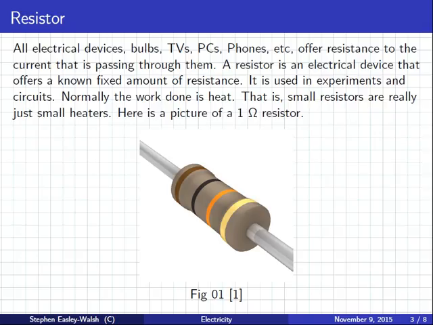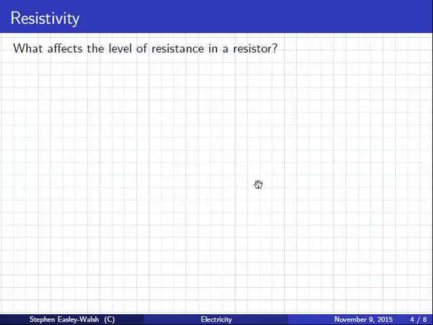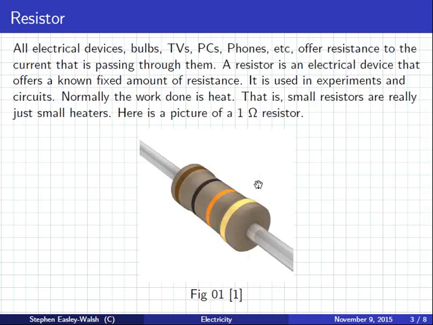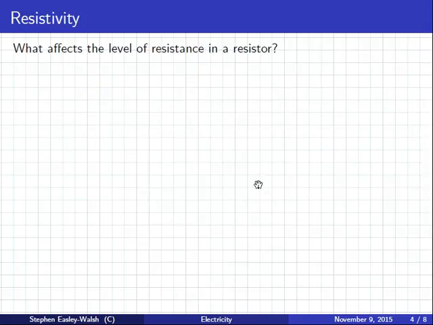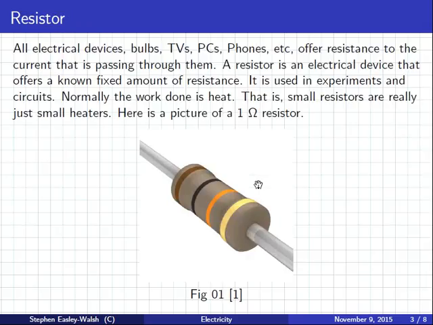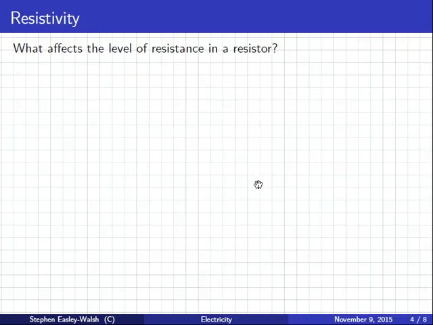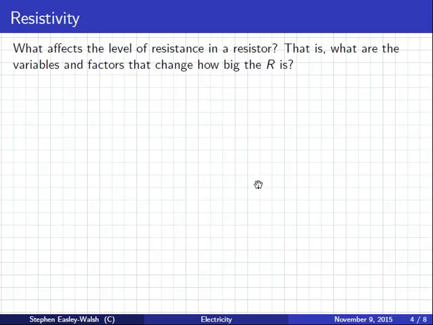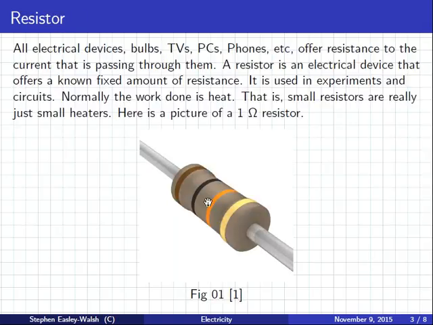You got this picture? Nice puppy. Beautiful. Right, so this is our resistor. So, what do you think affects the level of resistance? If you look at this resistor, what could you do to make the resistance bigger?